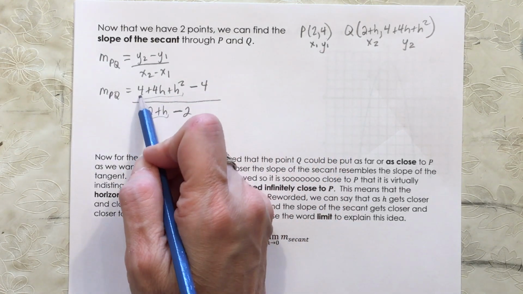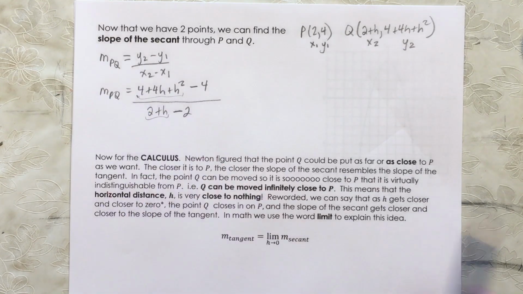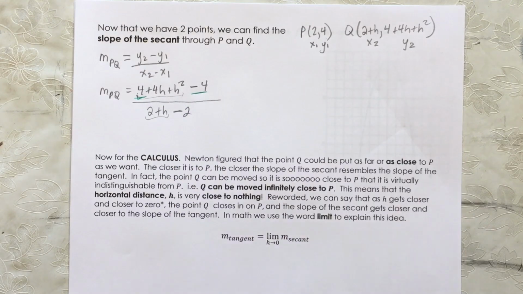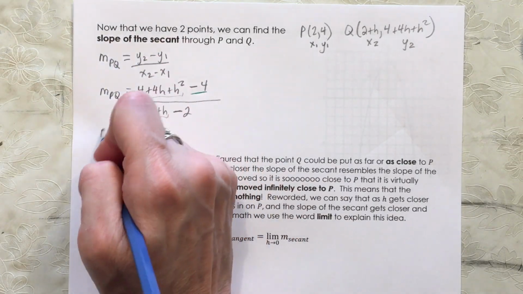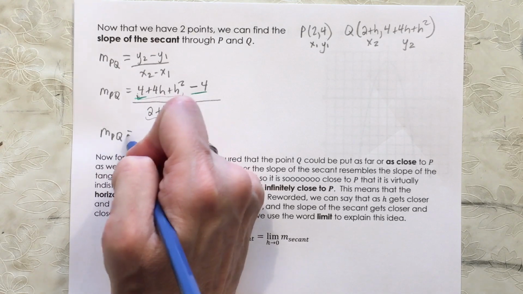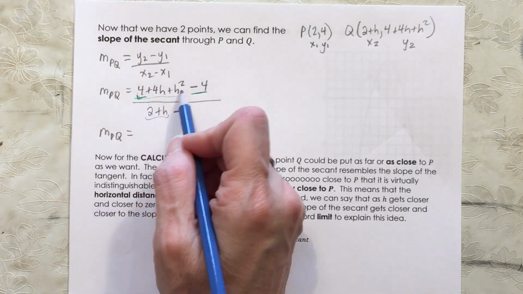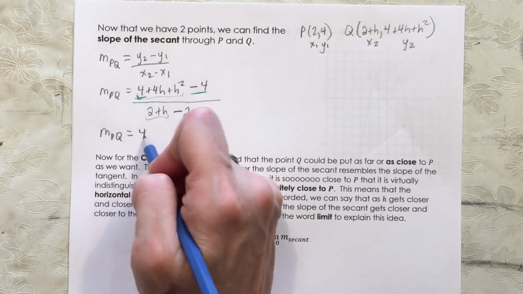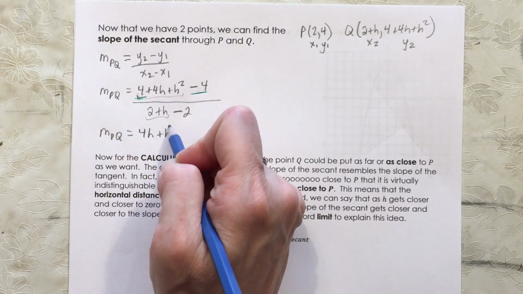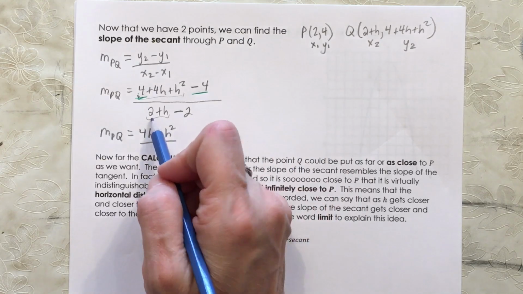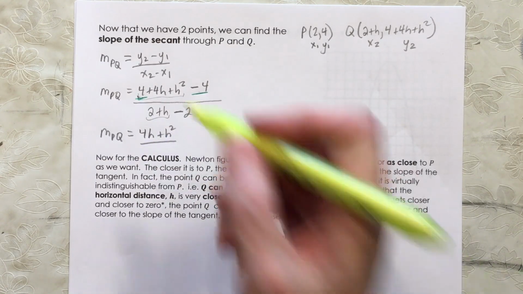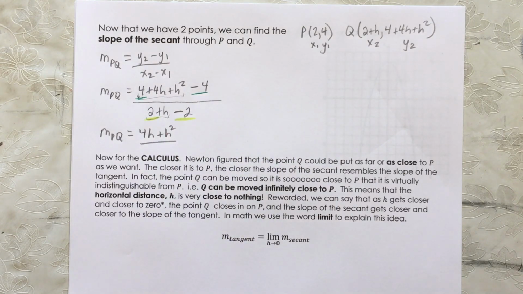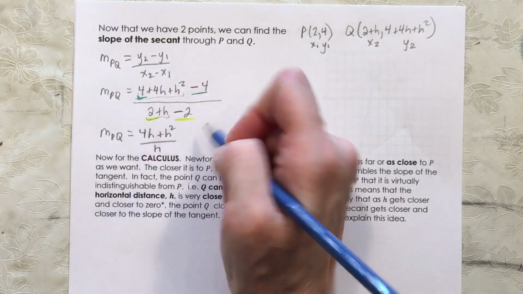Okay, and we want to simplify this expression as much as we can algebraically. If I'm just collecting like terms, I've got 4, but I've also got minus 4. So in the numerator, I can add the 4 and minus 4 to get 0. So I have 4h plus h squared. And similarly in the bottom, I have a 2 and a minus 2, which add up to 0. So I'm just left with h in my denominator.